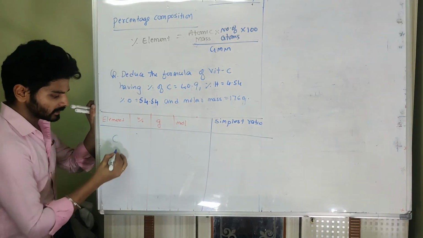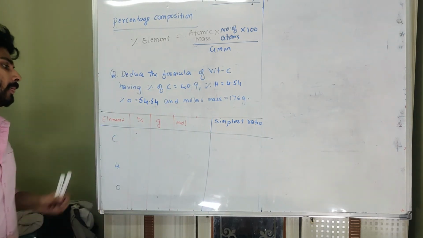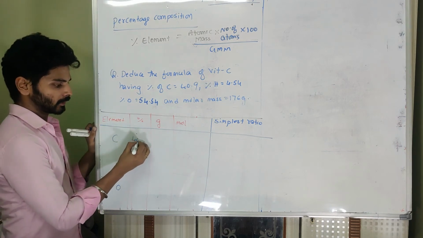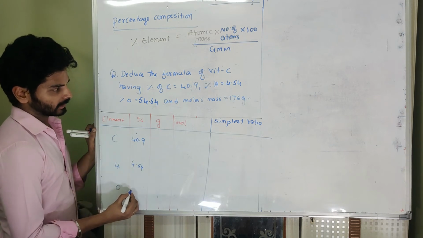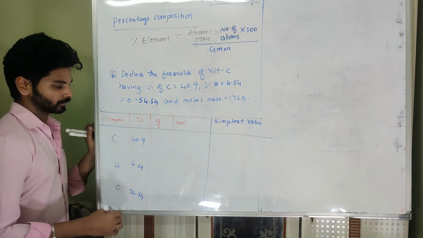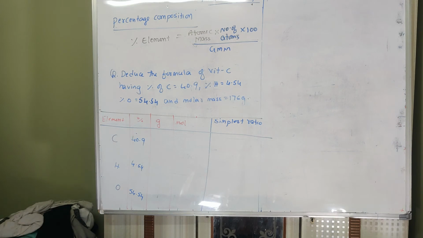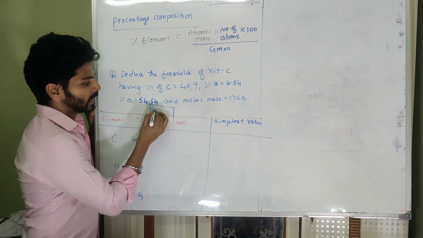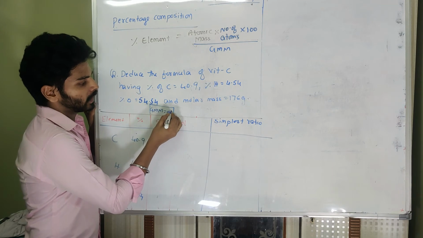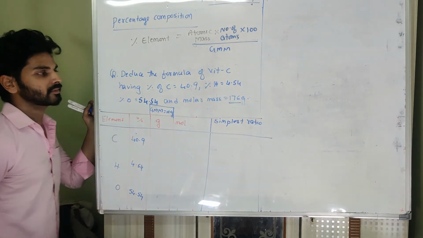The elements given are carbon, hydrogen and oxygen, with percentages 40.9, 4.54 and 54.54. If I assume the gram molecular mass as 100, I'm just assuming, I know that the gram molecular mass is 176 there.